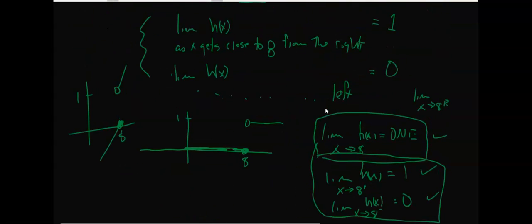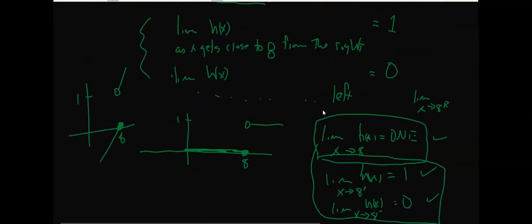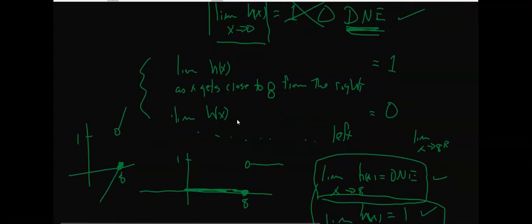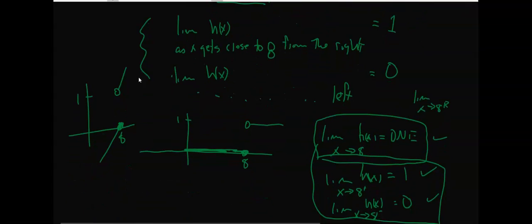Going up to here, let's find some examples. I think this is a better picture here. Let's say this picture here, let's call this function f. And let's talk about where a is equal to 8. So we're going to talk about this value of x here, and we're going to talk about the left-hand limit.